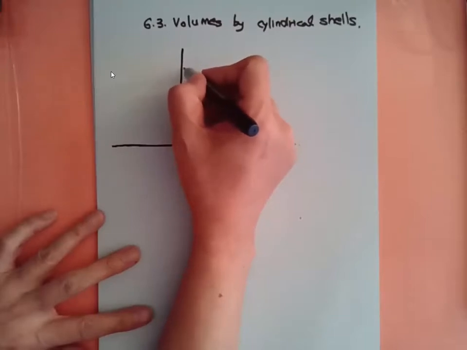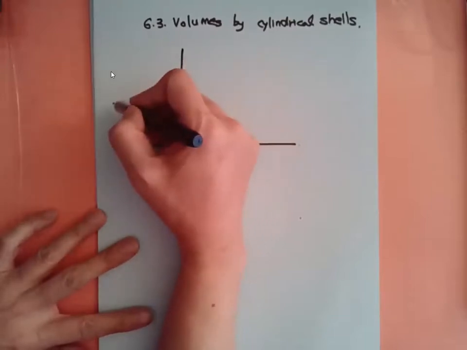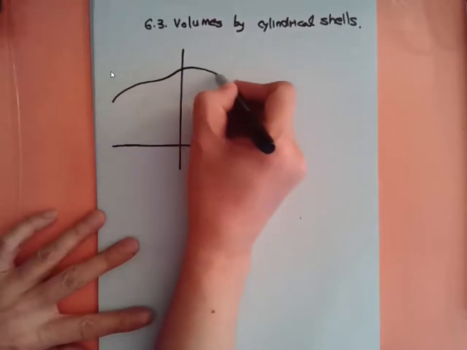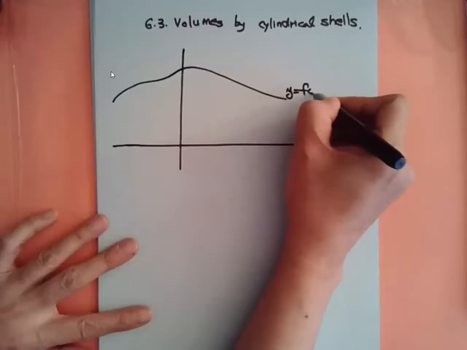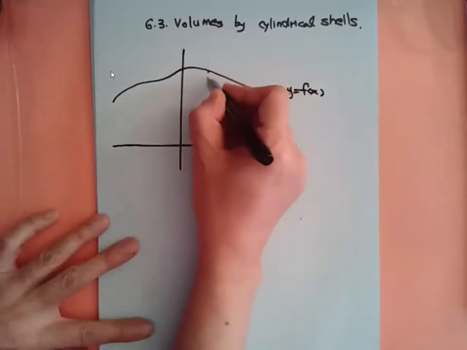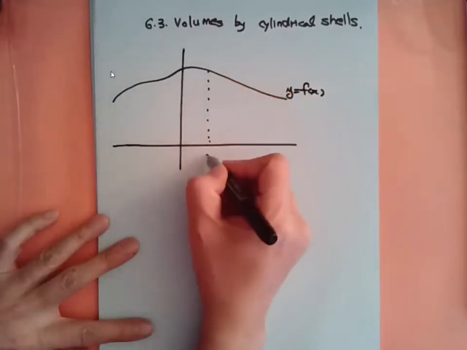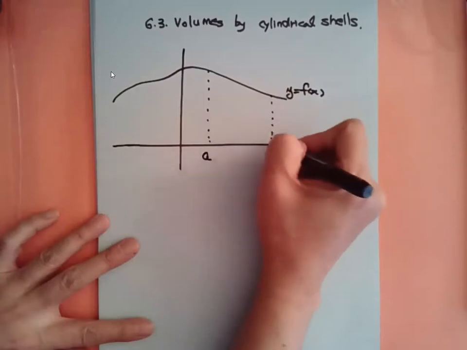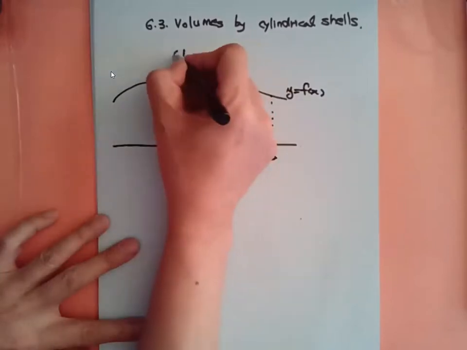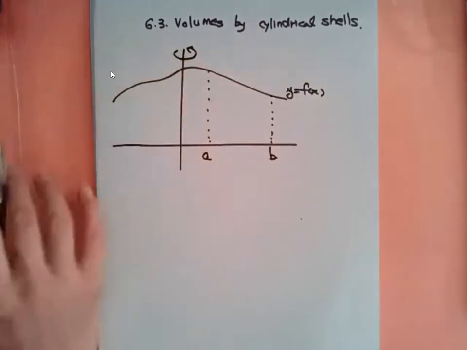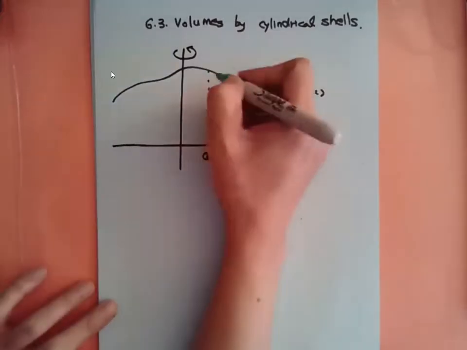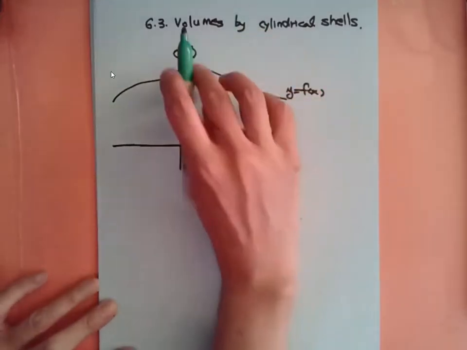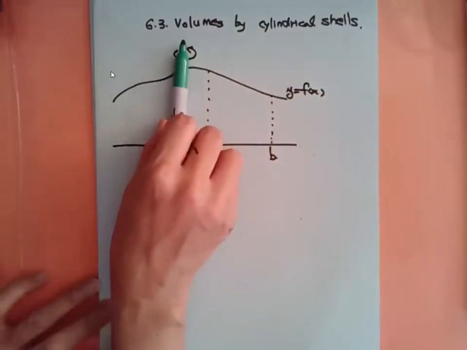Let's consider a graph which looks something like this. This is y equals f of x. And we want to think about rotating this region from a to b around the y-axis. As I said, in the cylindrical shell method, we rotate the stick which is parallel to this rotational axis.